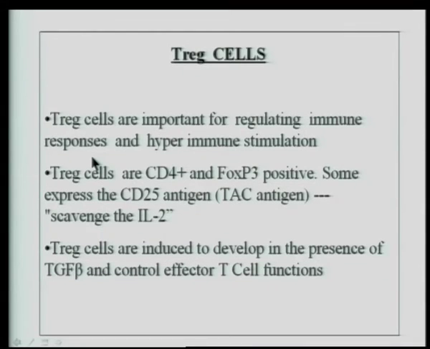So, if you have an overreaction or a hyper immune response, especially in terms of inflammation, you have these Treg cells that play a very important role in trying to suppress an ongoing immune response. So, they are important for regulating immune responses and hyperimmune stimulation states.